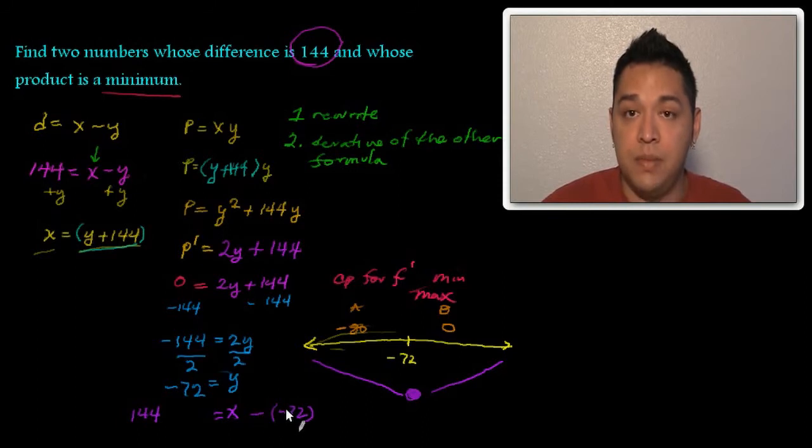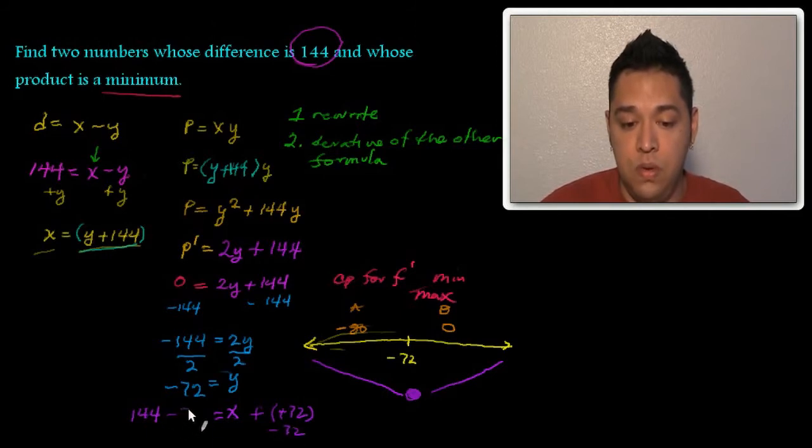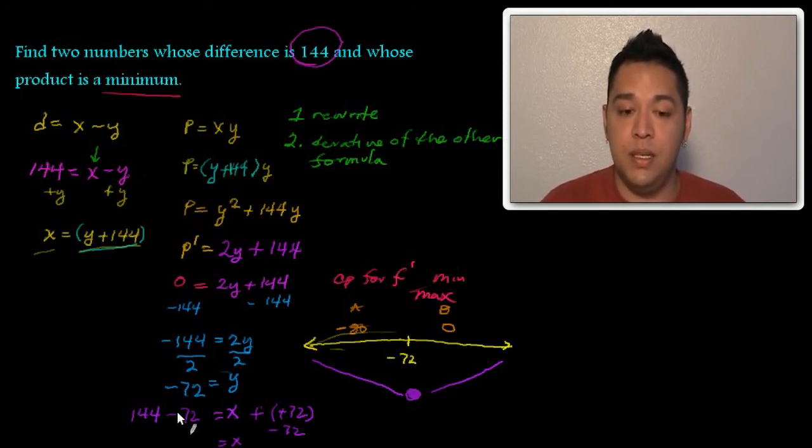A negative times a negative is a positive, so if I subtract both sides by negative 72, I get the x value. And that is my answer. I'm going to leave that to you. You can figure that out, I'm sure. But that wraps it up. This is the essence of an optimization problem.